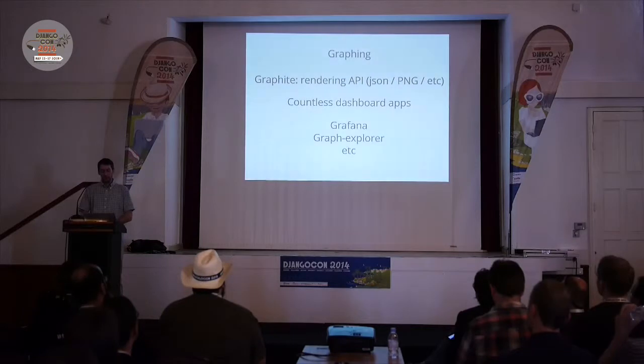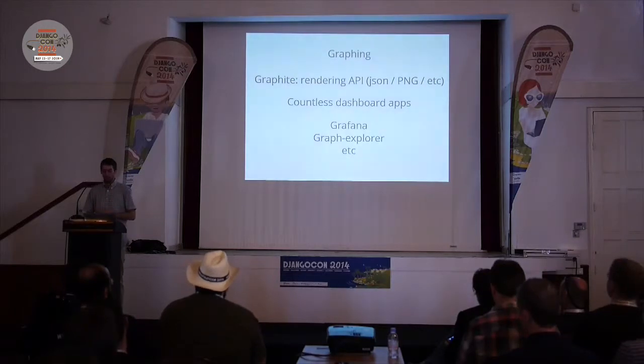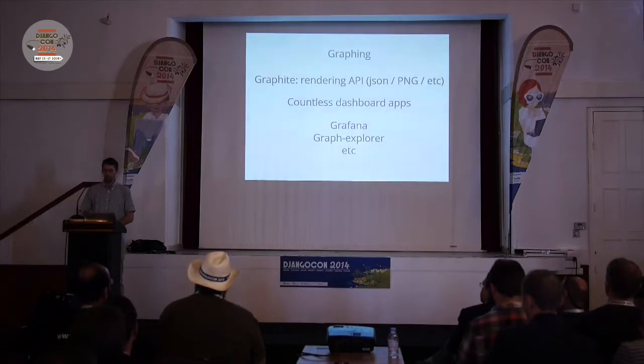And then for graphing, we have Graphite, which is basically a rendering API. It talks to a time series database, and then renders graphs in JSON, PNG, CSV, even Pickle if you want.